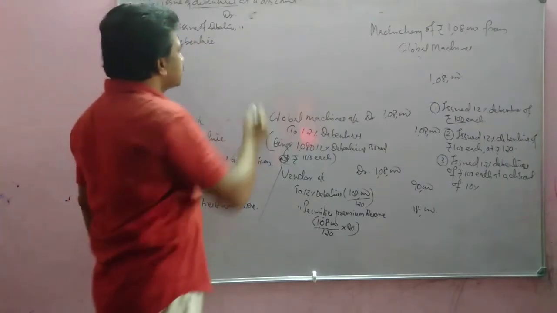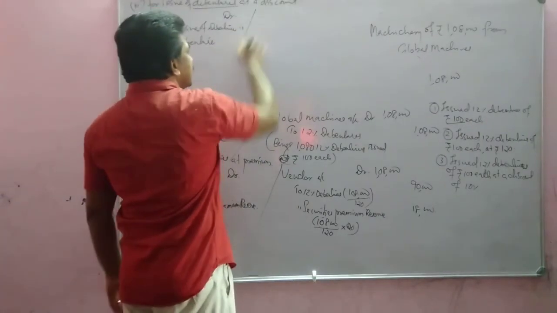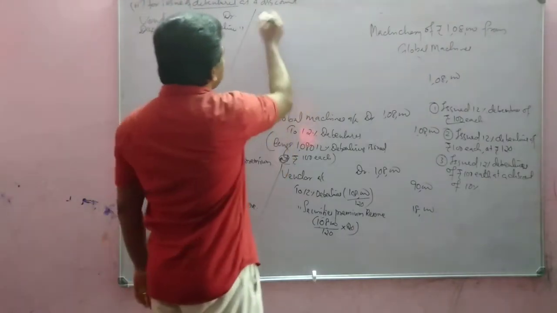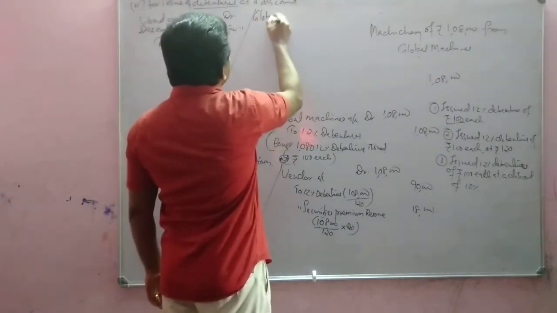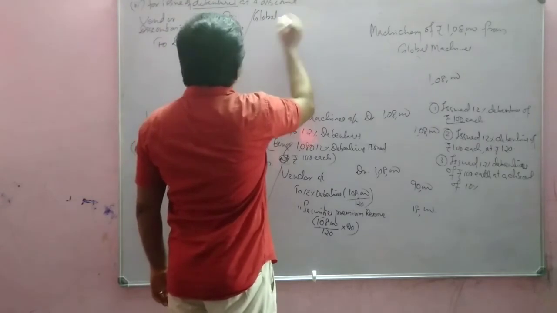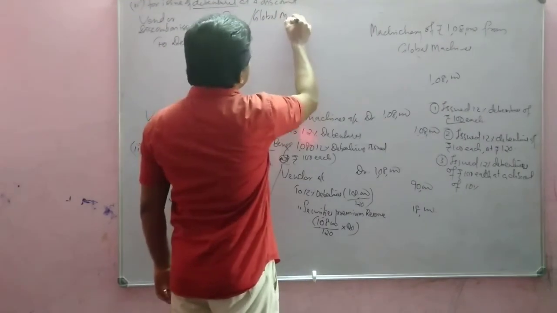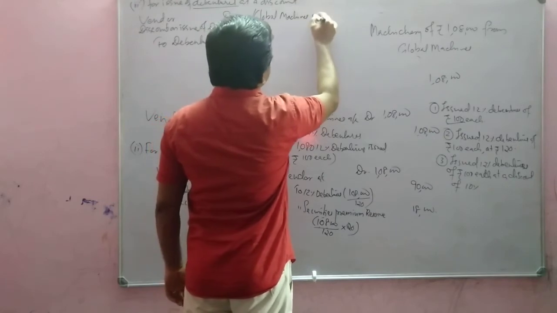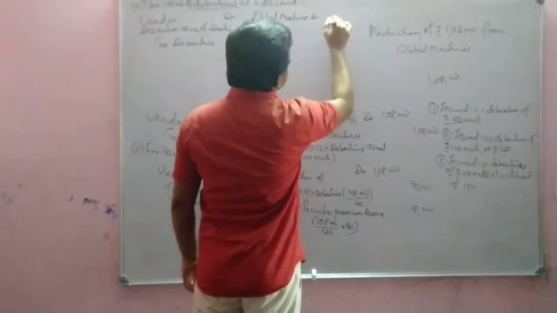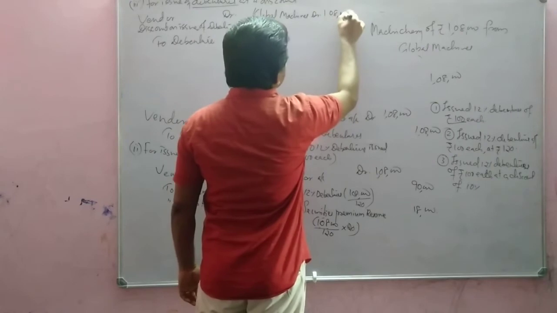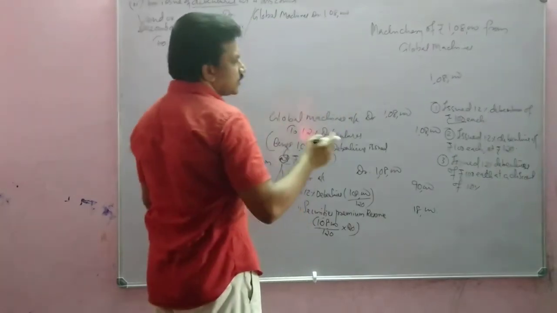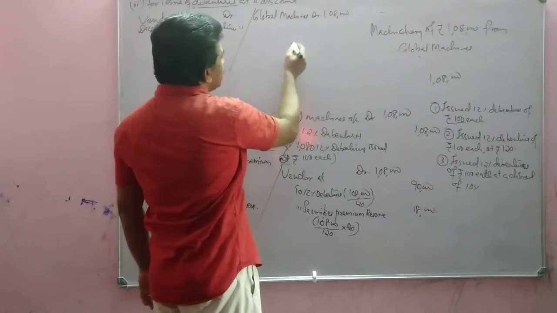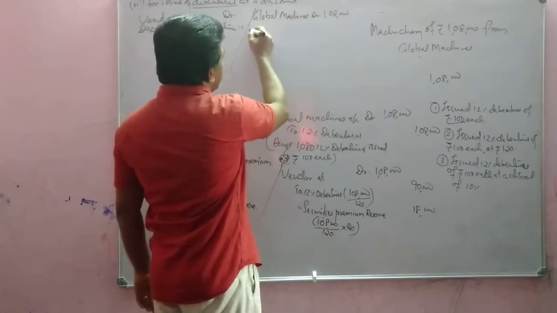So as per the example, what we have to write? Vendor debtor. Who is vendor? Global Machines debtor. How much? 1,08,000 we have to pay to them. Then for them debentures are issued at a discount.